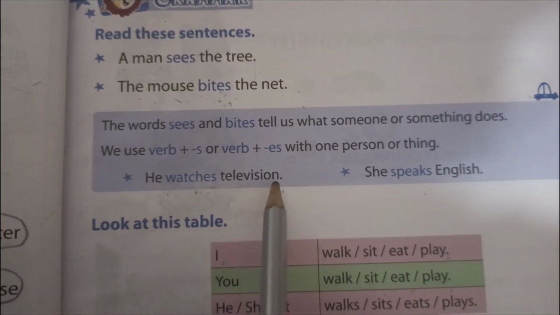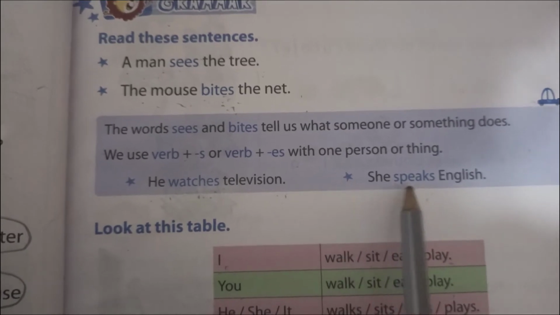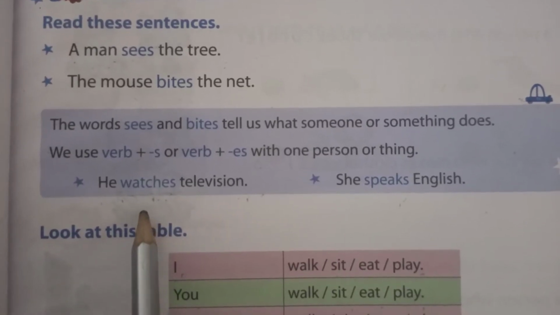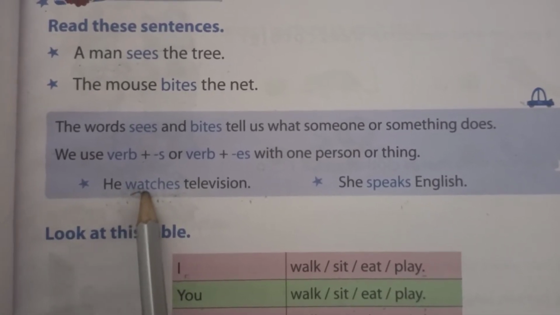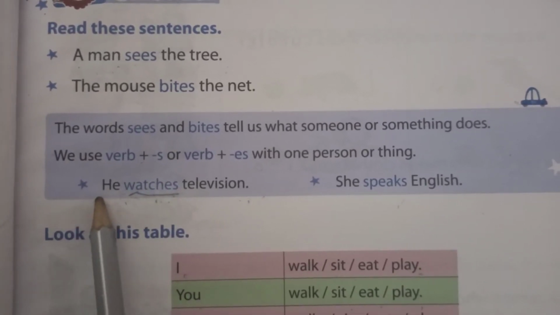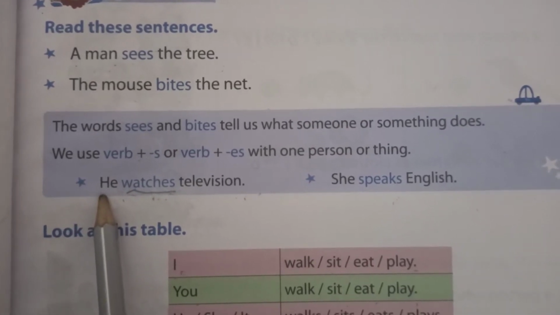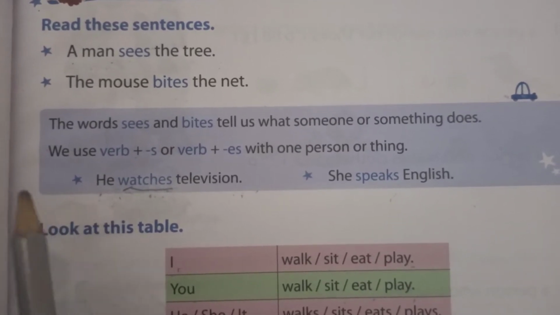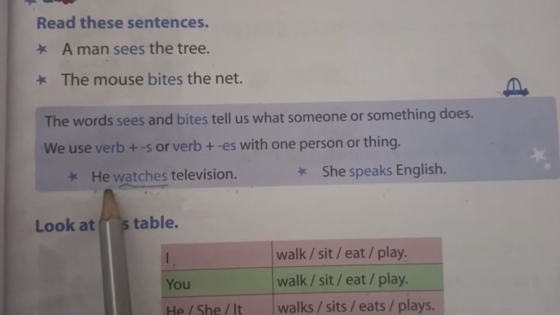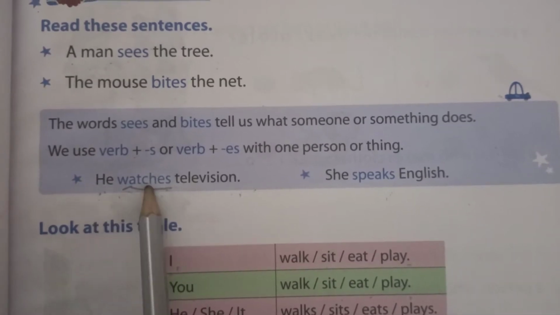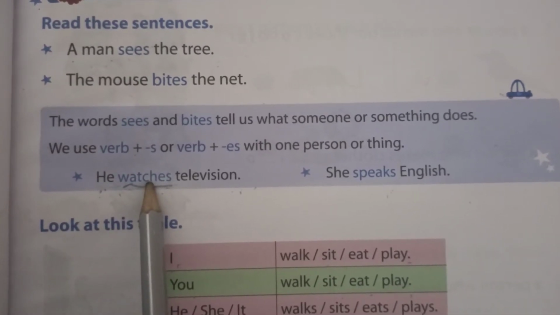He watches television. She speaks English. Which is the verb given in the sentence, children? Yes, it is watches. Now here you can find the word he. It is a singular noun which tells us about one person. So now when a verb comes after a singular noun, it ends with s or es.